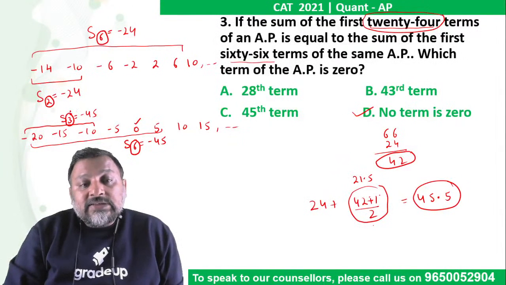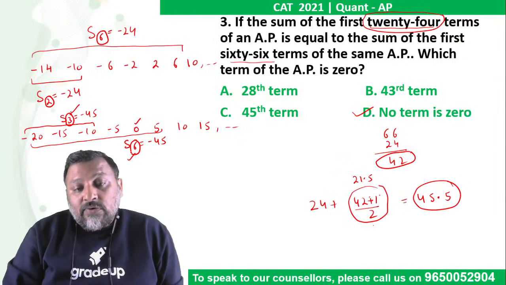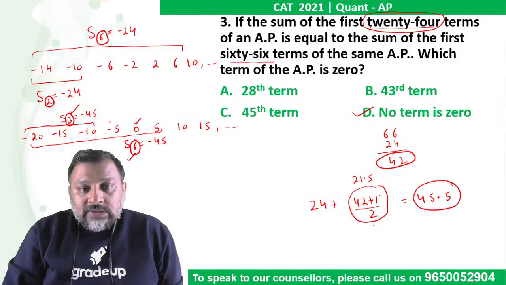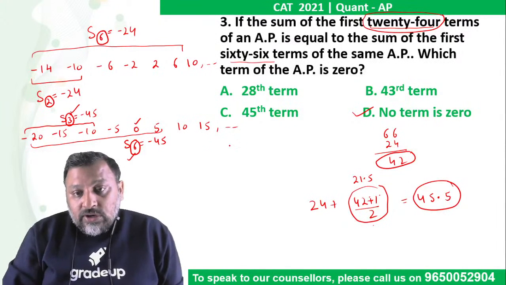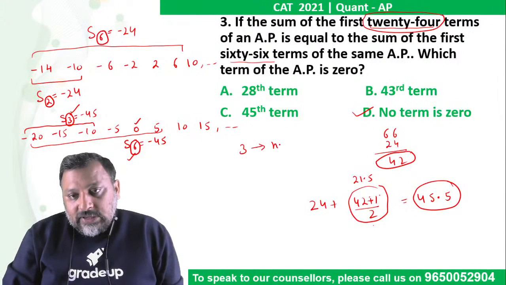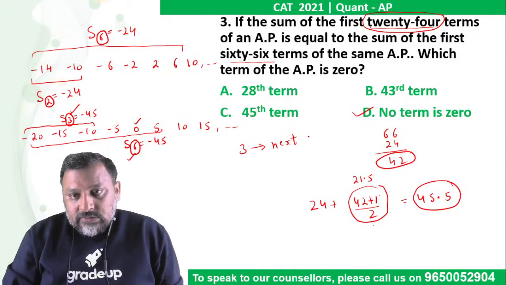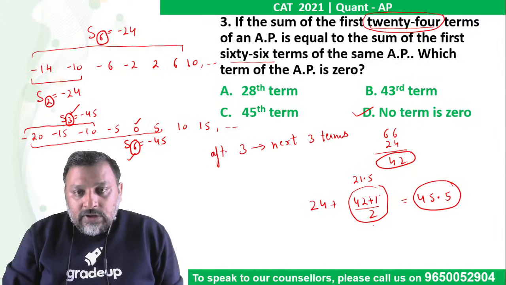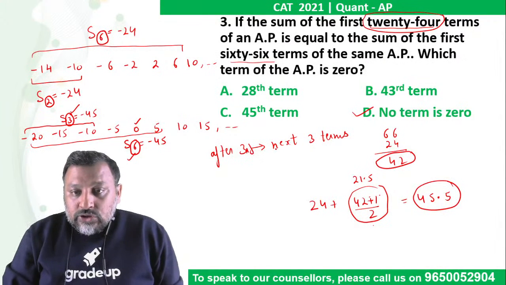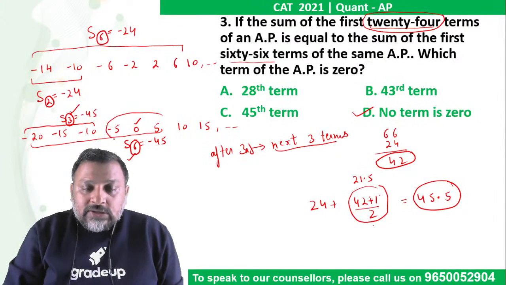See, if I say the sum of first 3 is the same as the sum of first 6, that means the sum of the next 3 terms after the third term should be 0.